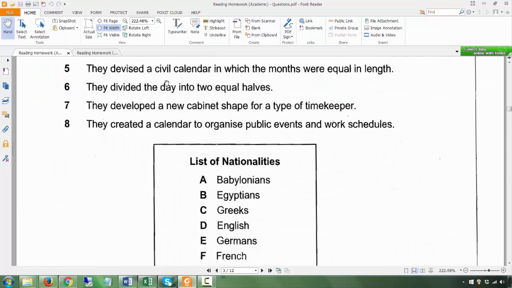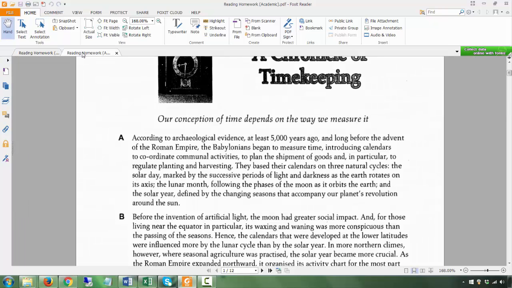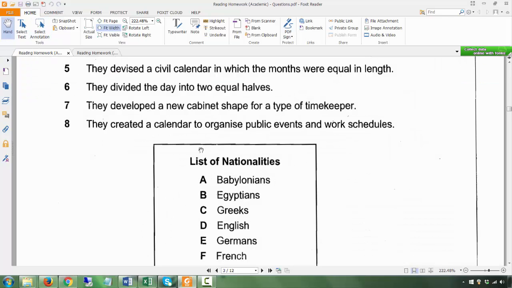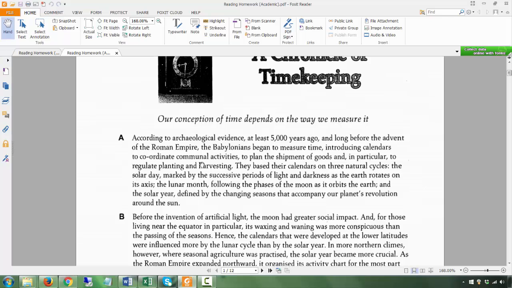Now there needs to be something related to work schedules, right? To plan the shipment of goods, and in particular to regulate planting and harvesting. So this is talking about work schedules. Okay, all right. So the calendar did not just organize public events but also work schedules, regulate planting and harvesting. These are the work that they did.